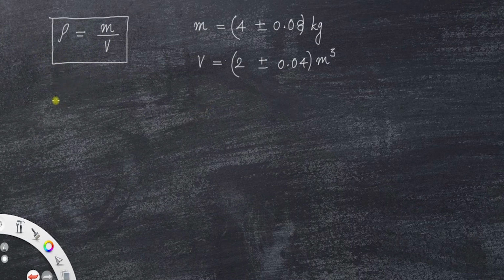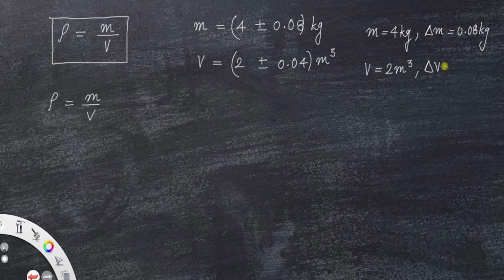First, density is equal to mass by volume. Here we already discussed m is equal to 4 kg. Error in mass is 0.08 kg. Similarly, volume of this mass is 2 meter cube. Error in the volume delta V is 0.04 meter cube. First find the density, which is equal to 4 by 2, that is equal to 2 kilogram per meter cube. That's the unit of density.